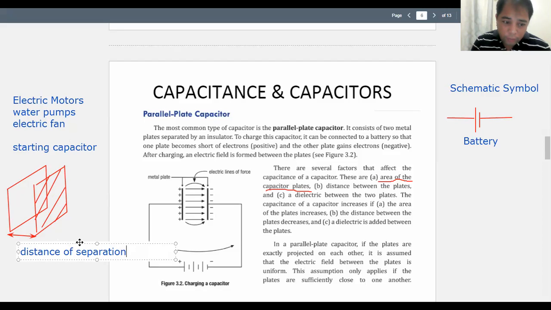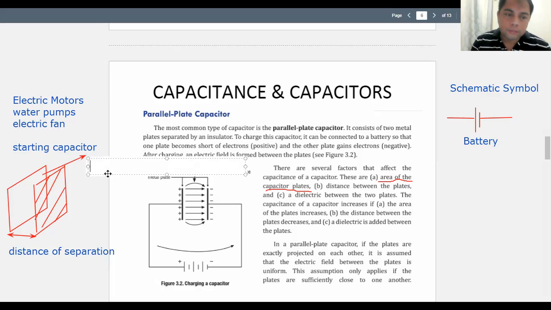Okay, so how far or how close you place them together also affects the degree of the capacitance. Another thing is the addition of something in the gap. You notice here that there's a gap, and in that gap what you have is basically air.